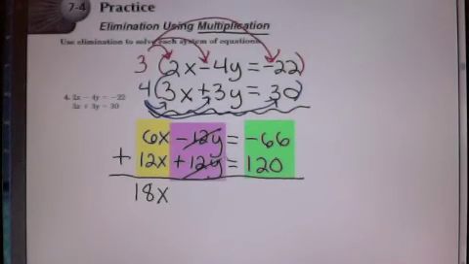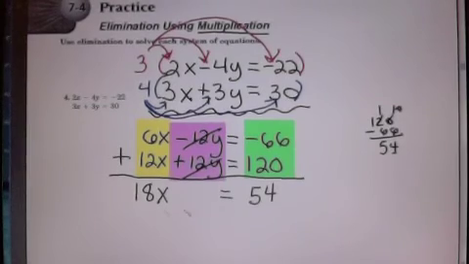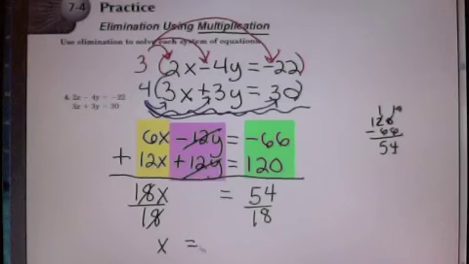They are eliminated. Bring down the equals. And then 120 minus 66 is going to give me 54. Divide both sides by 18. The 18s cancel out and I get x equals 3.